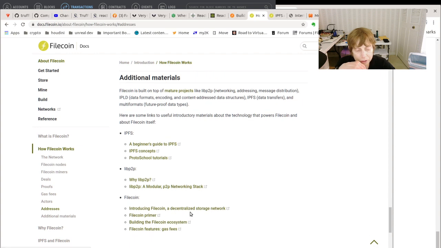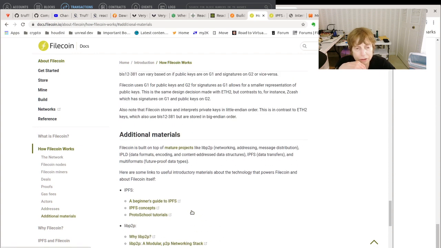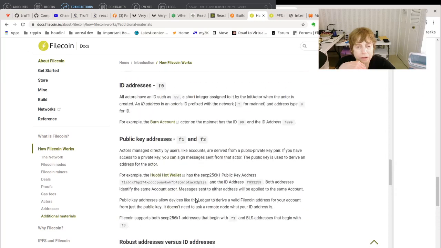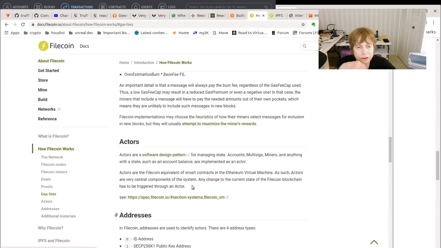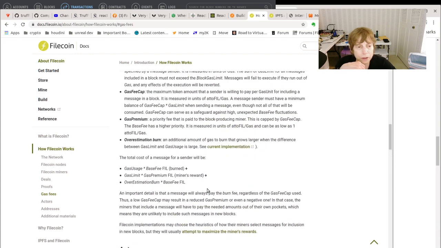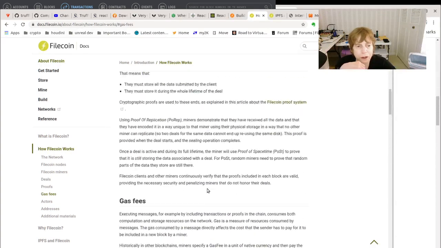We're going to look at additional information, like looking into these actors and how that works. What language are we going to build these actors in, and so on. So now we understand what Filecoin is.